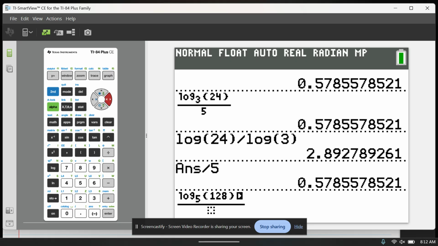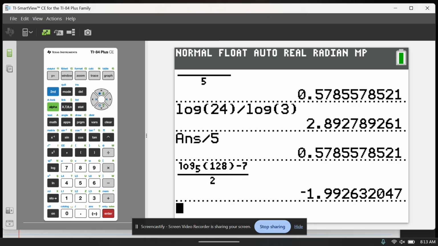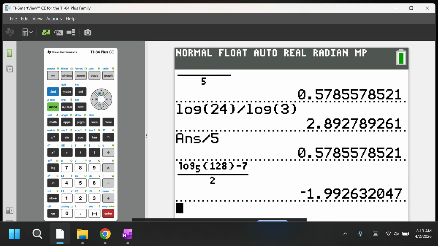Get outside of those parentheses, and that's where I put my minus 7. And then down in the bottom, I'm putting my divided by 2. So it looks exactly like what I wrote for my exact solution. And then it's going to give me a decimal approximation for that. So a negative 1.993, if we round to 3 decimal places.